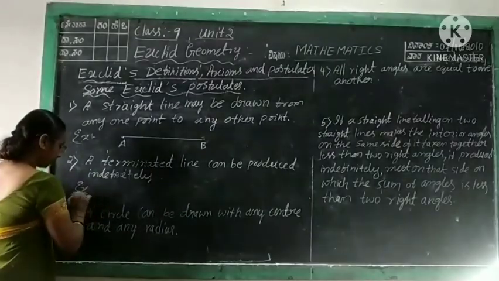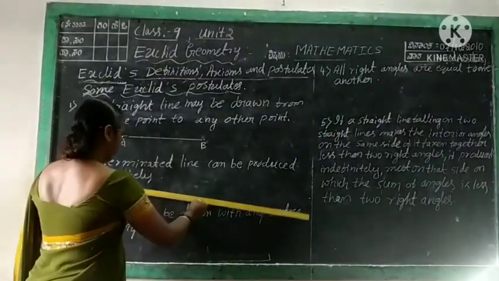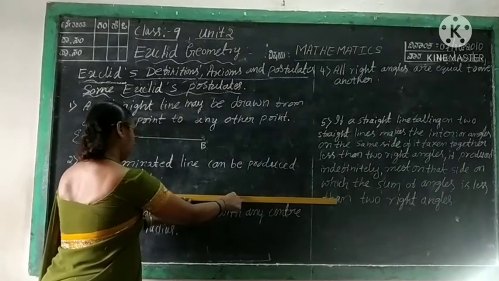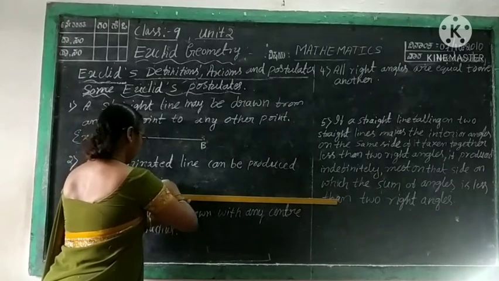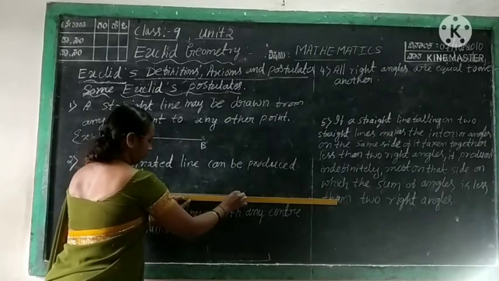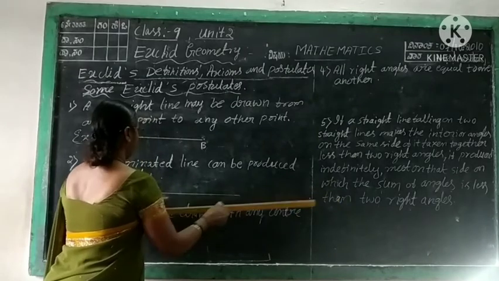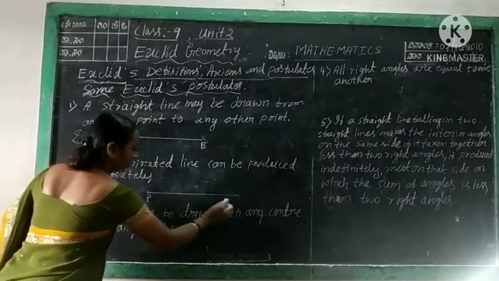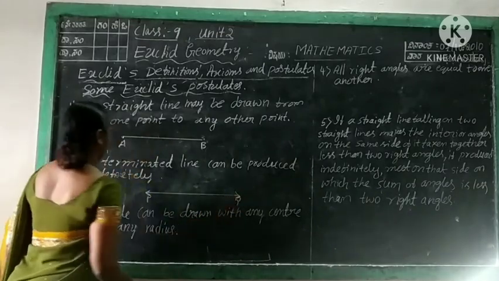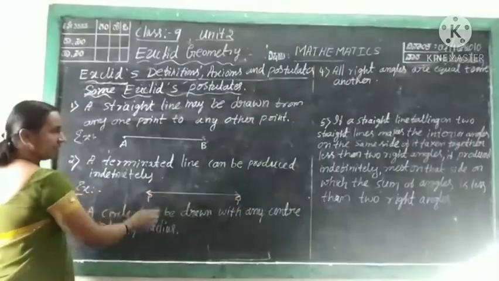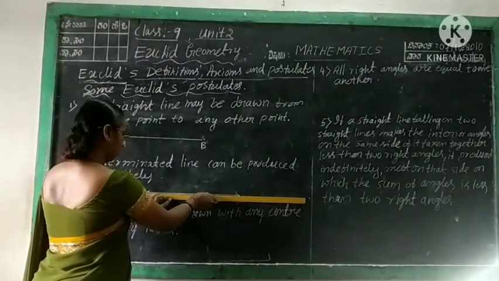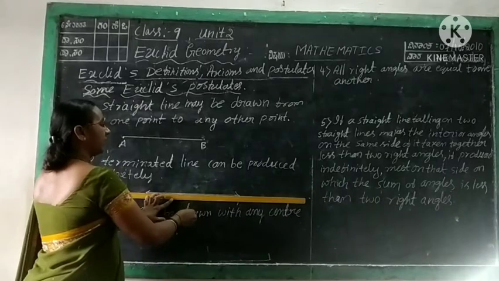Example, we draw one line, with points P and Q. A terminated line can be produced infinitely.